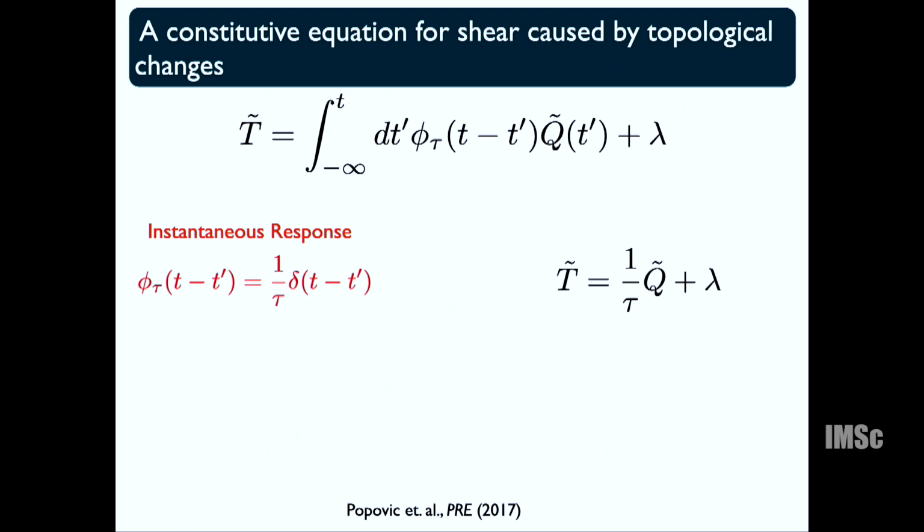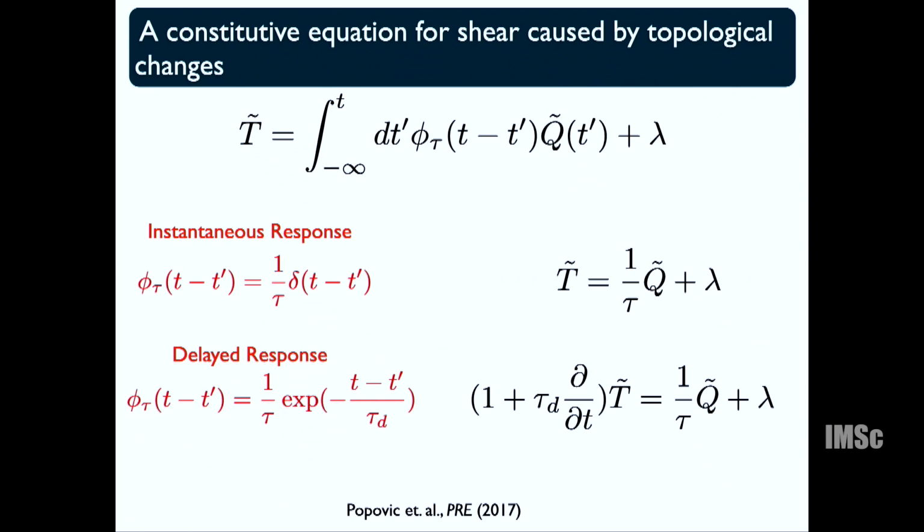Then I get back the original equation with which I started. However, if I think that there is a delayed response, the simplest case is some kind of an exponential response, and this exactly corresponds to the equation which we had written. So the bottom line is there is a delay between the T1 and the cell elongation.